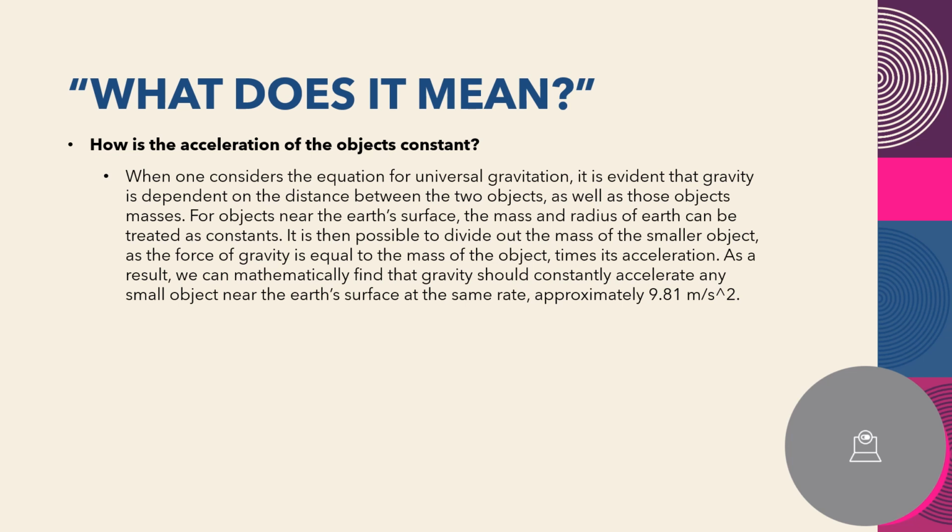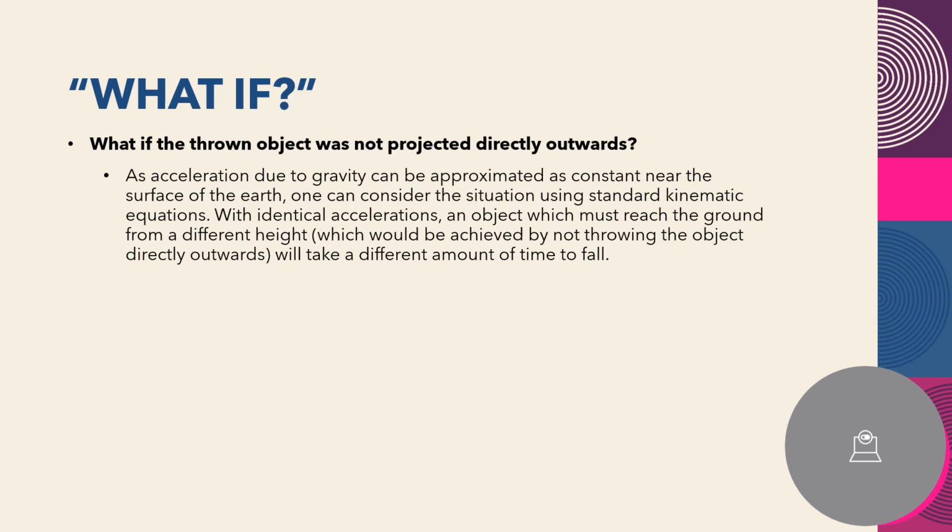This only leaves the mass of the object that you're considering on that side of the equation. This can be divided out from the force expression, which ultimately reveals that the gravitational acceleration of Earth should be constant for an object near the Earth.